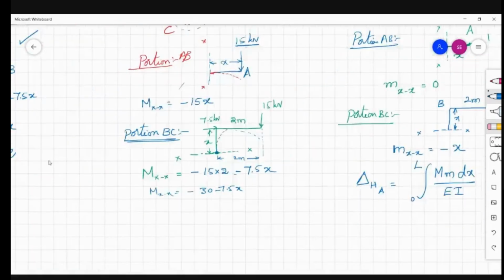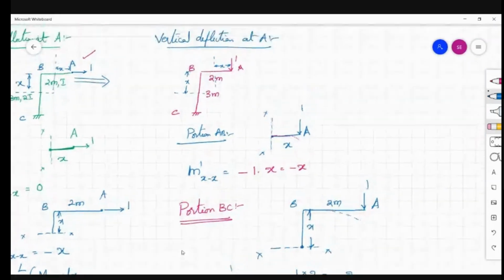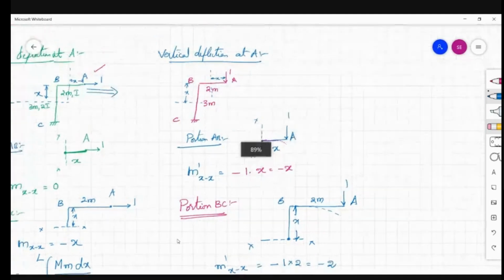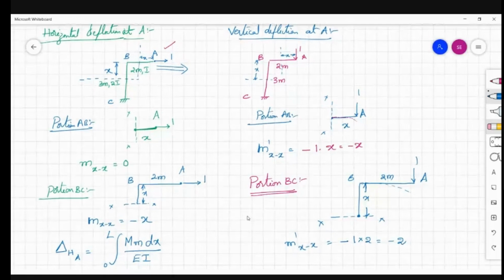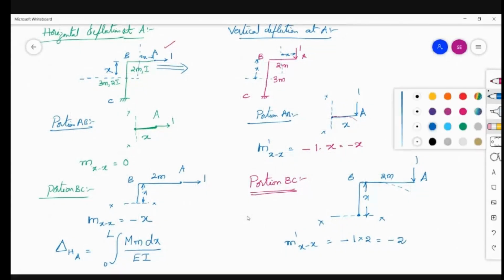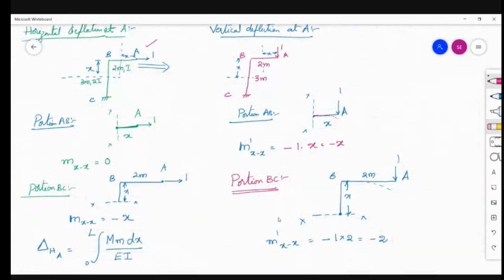Before that, for those who didn't complete, just once again have a look at this vertical deflection at A. Similarly, this is the horizontal deflection at A. To get the vertical deflection at A, delta VA is the integral from 0 to L of capital M into M dash dx by EI.